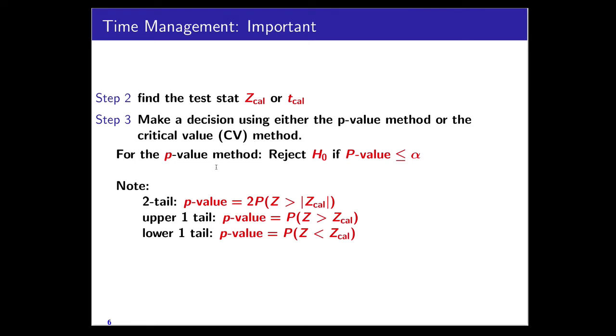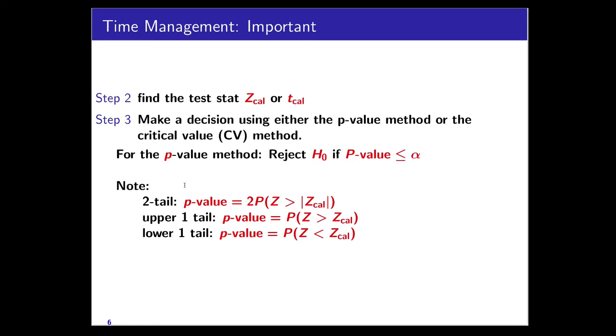For the p-value method, it's an area versus another area, or a probability versus another probability. In this case, we reject H0 if the p-value we calculate is less than or equal to alpha.